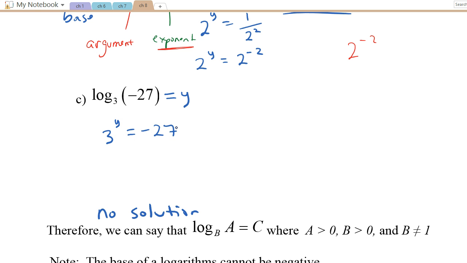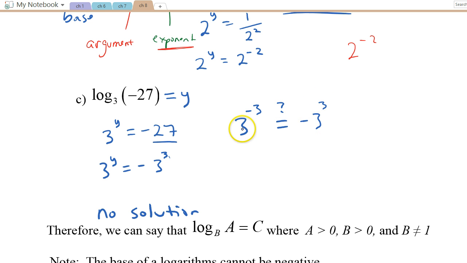We had a very similar example when we did exponents, and it looks like it's possible. I can put 27 in terms of 3. It's 3 times 3 times 3. But there's no way that I can put in a value for y to make something negative. Like we might think, hey, what if I put 3 to the negative 3? Would that work?